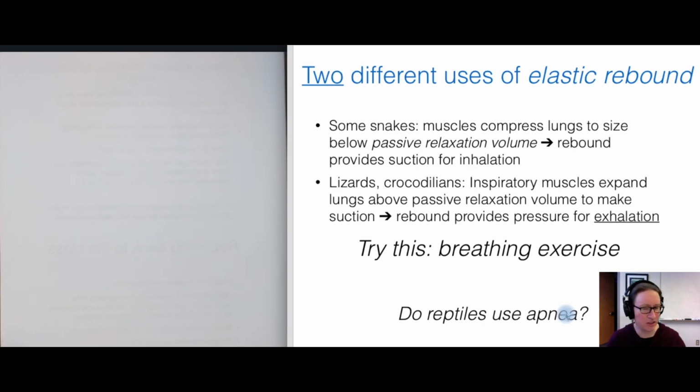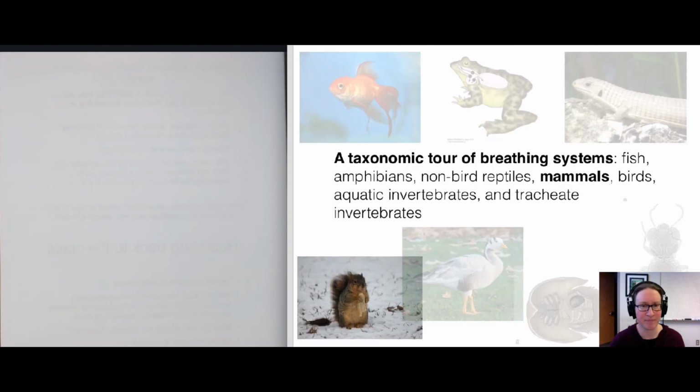And I put a question on this slide just as a reminder that reptiles also do use apnea to some extent. It takes energy to exhale or to inhale, depending on the species. So under some circumstances, reptiles will use apnea, so they're not actively breathing constantly, but there can be some irregular patterns to their breathing. So that takes us through reptiles, and in the next video, we'll take a closer look at mammalian breathing systems.